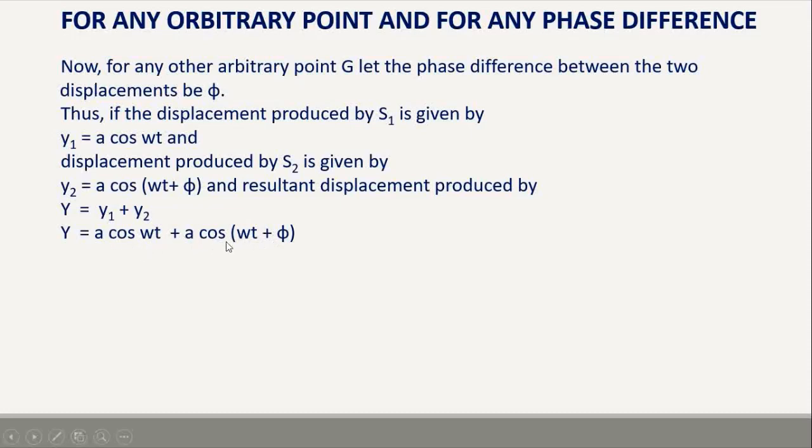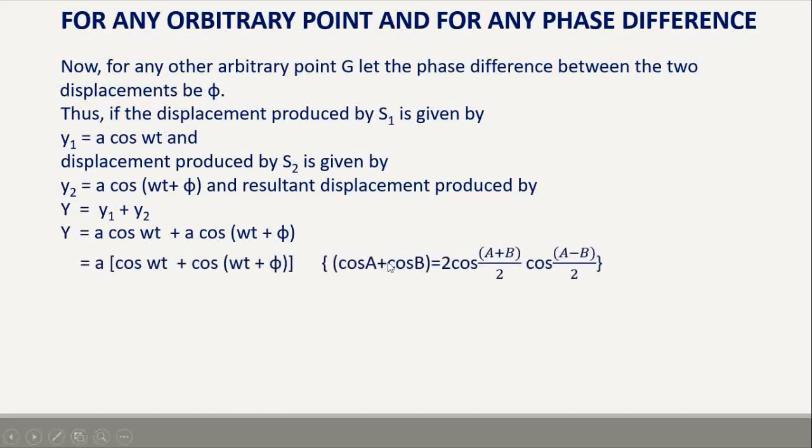Here we have to apply the trigonometric formula so that we get a proper value of displacement. If I take A as a common term outside the bracket, it looks like cos A plus cos B. Just apply this simple formula: cos A plus cos B equals 2 cos ((A plus B) upon 2) into cos ((A minus B) upon 2).